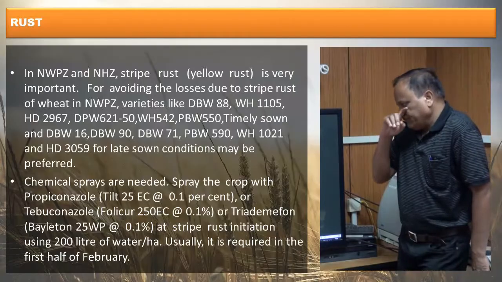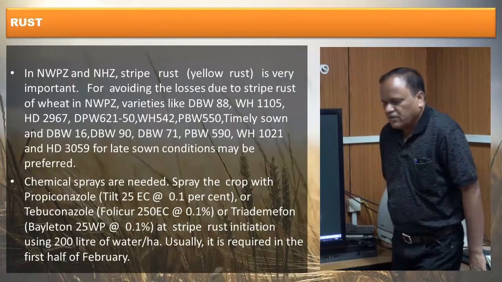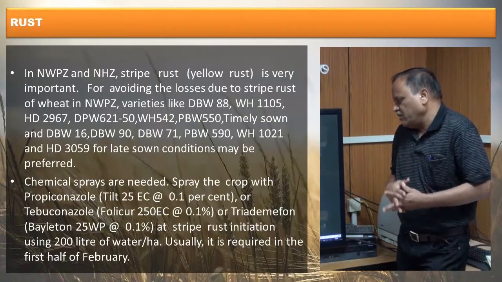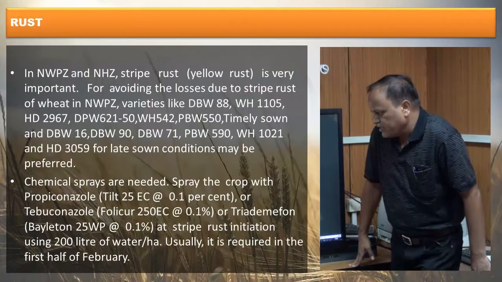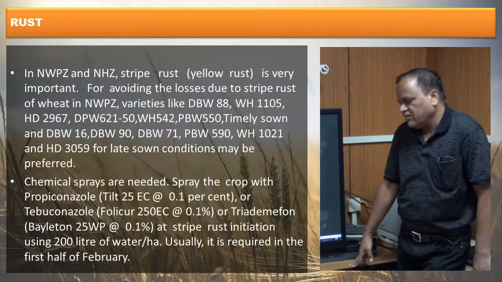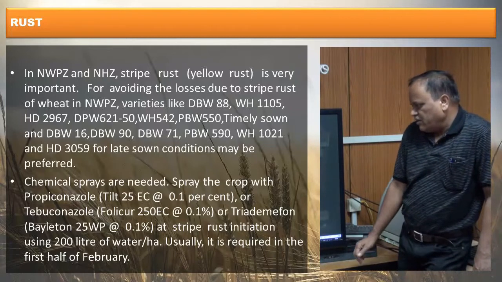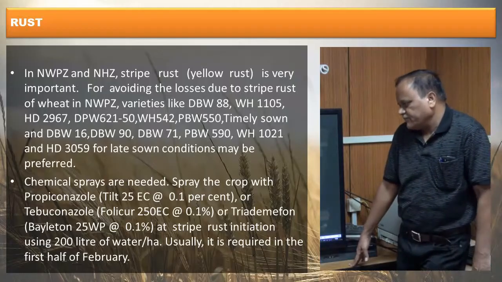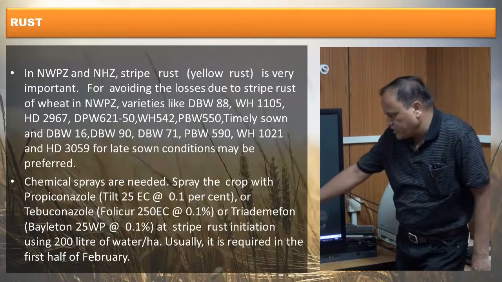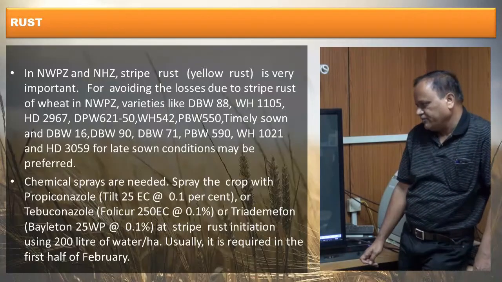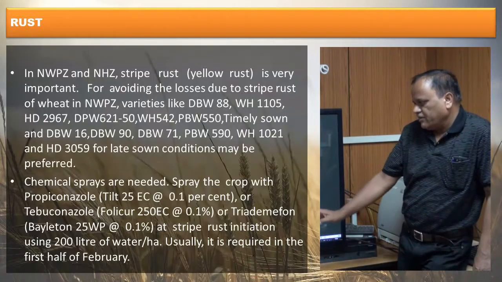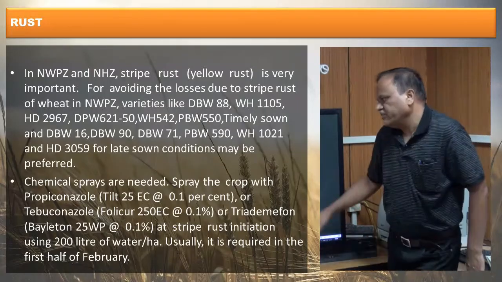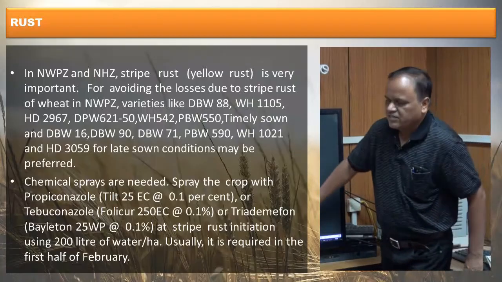Here we recommend propiconazole (Tilt 25 EC) at the rate of 0.1%, or tebuconazole (Folicur 250 EC) at the rate of 0.1%, or triadimefon 0.1% at stripe rust initiation, using 200 liters of water per hectare. Usually it is required in the first half of February, so we can control the yellow rust by applying these chemicals.